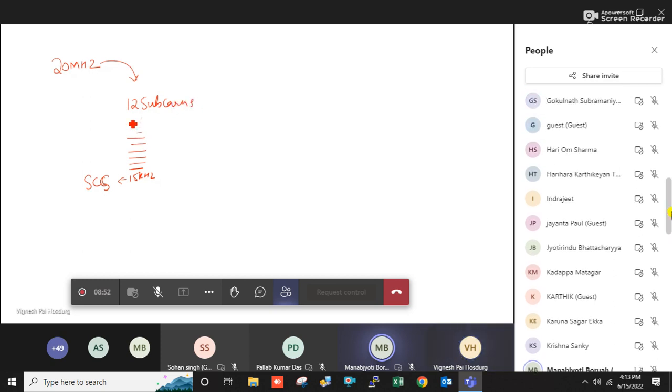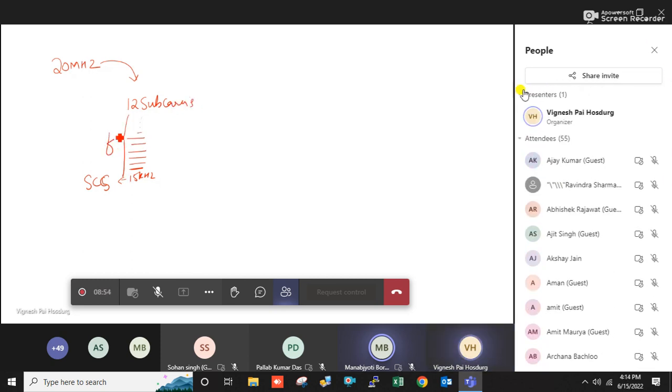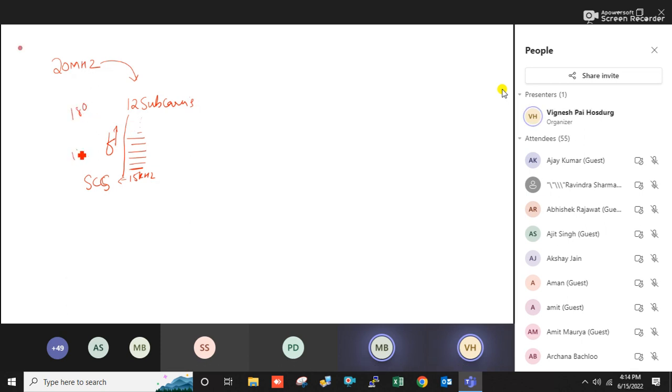We are grouping it into 12 such subcarriers in the frequency domain. If you group 12, it will be 15 into 12, which becomes 180 kilohertz as one grouping. This also we need to take care of in the time domain.